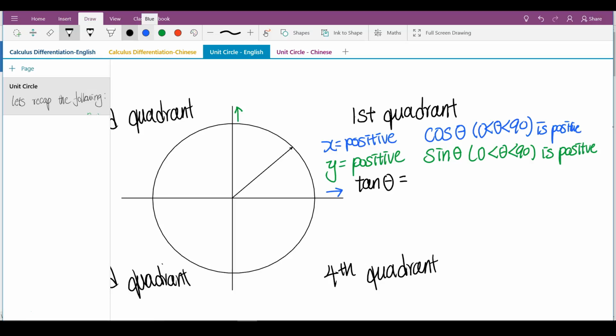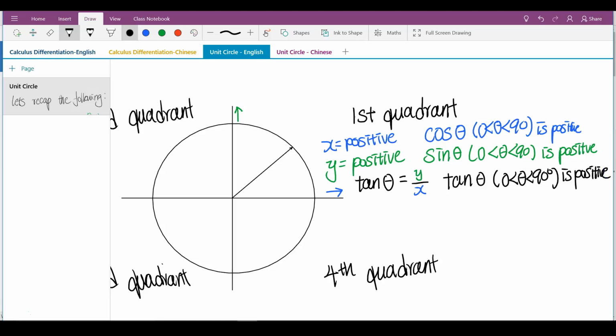So literally, tan theta is just equal to sine over cosine, y over x. And since both y and x are positive in the first quadrant, therefore tan theta, given that theta is an angle between 90 and 0 degrees, is positive.